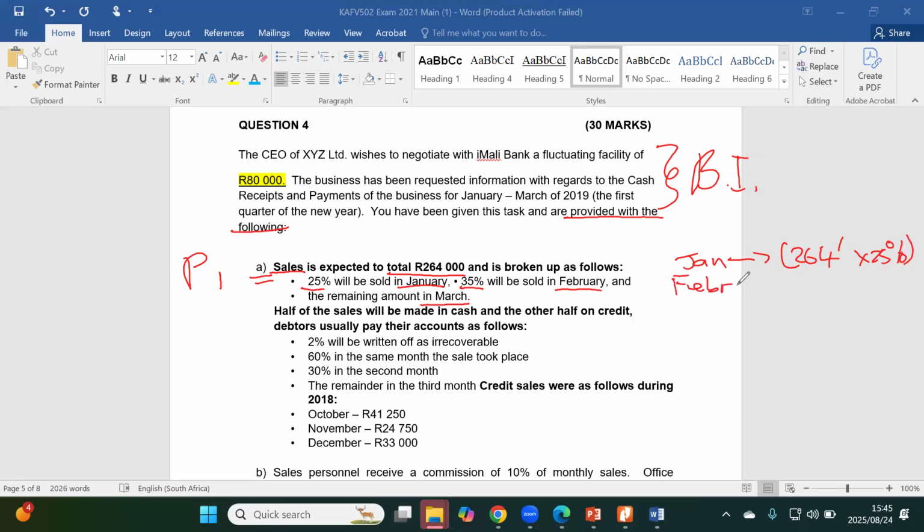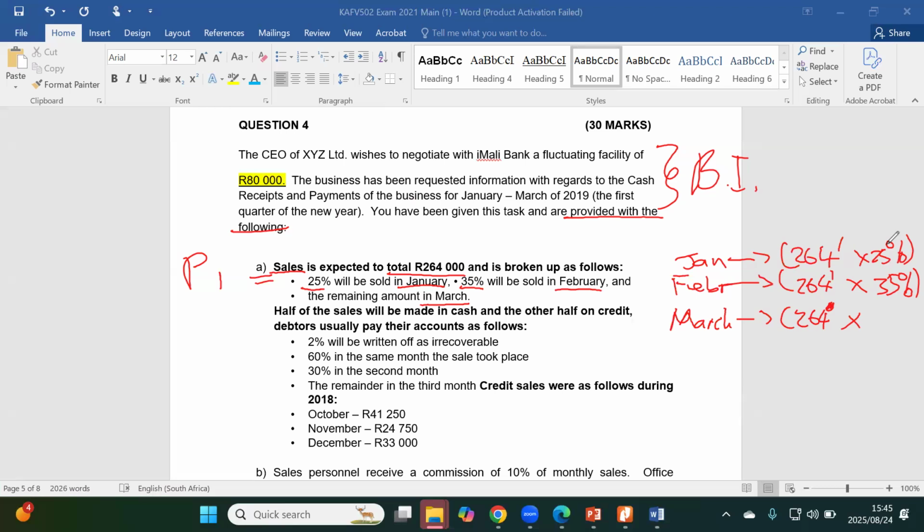Then for February, it will be 264,000 multiplied by 35%. Then we still have the month of March to deal with. For March, it will be 264,000 multiplied by, so 35 plus 25 percent gives you how much? And what is the difference out of 100%?